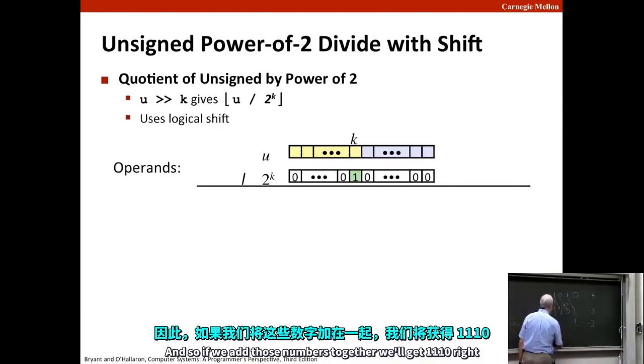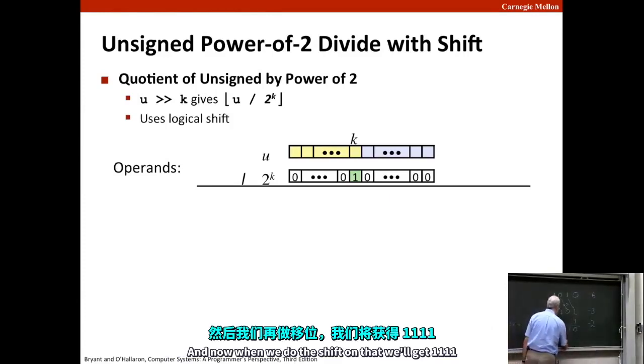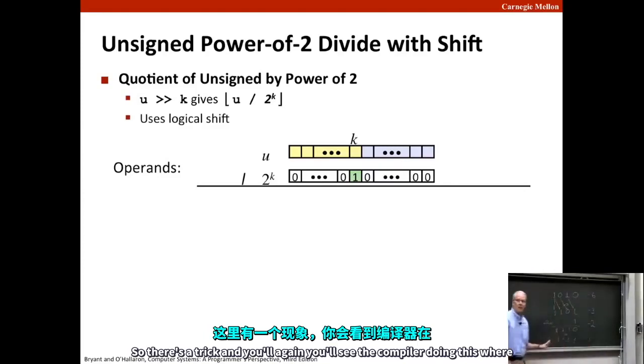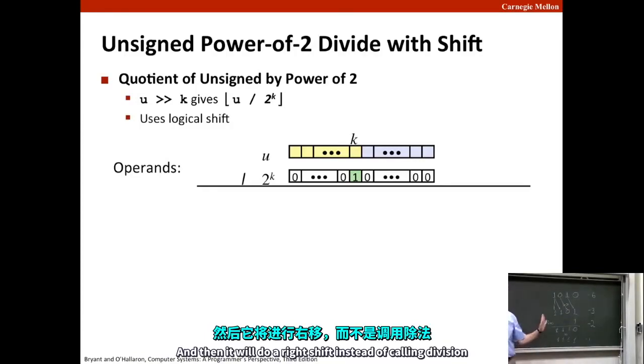And so if we add those numbers together, we'll get 1, 1, 1, 0. Right? And now when we do the shift on that, we'll get 1, 1, 1, 1, and that's minus 1. So there's a trick, and you'll see the compiler doing this, where you have in your code divide by 16, and it will add a bias, and then it will do a right shift instead of calling division.